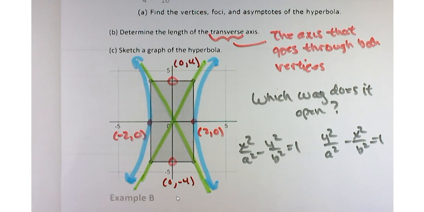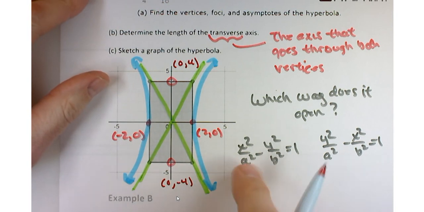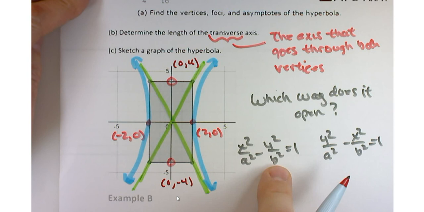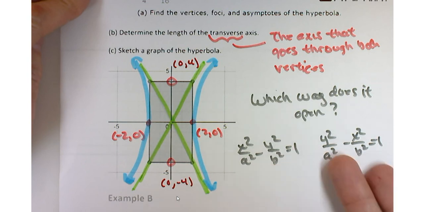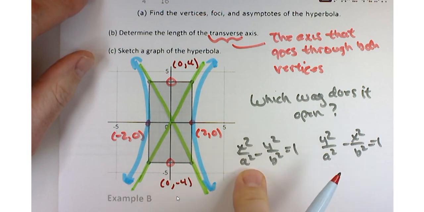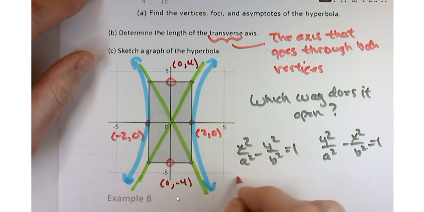Now there's a little bit of something else we got to pay attention to, and that is which term comes first. You could write your hyperbolas as x squared over a squared minus y squared over b squared, or we could flip the order of those. So if you have something like this, that is the x squared term is positive, this is going to open left and right.